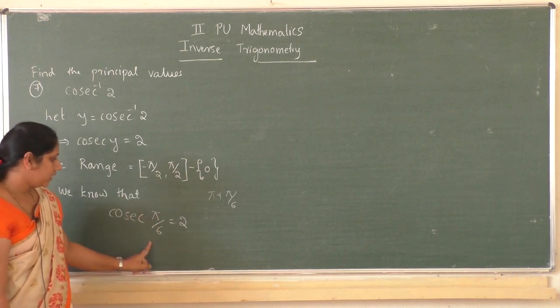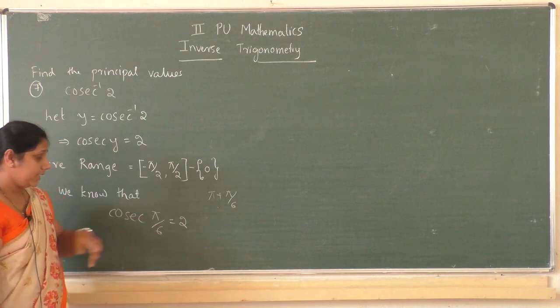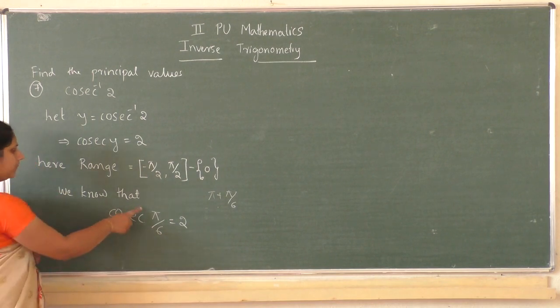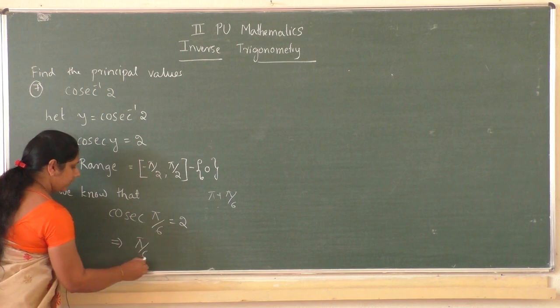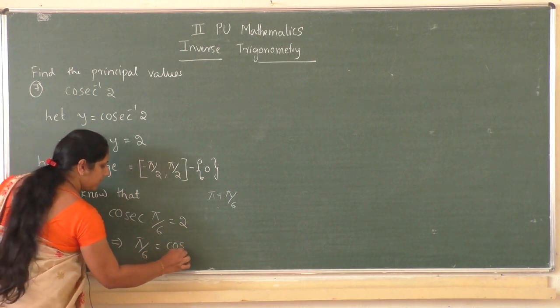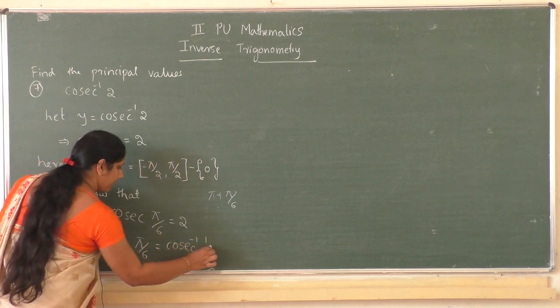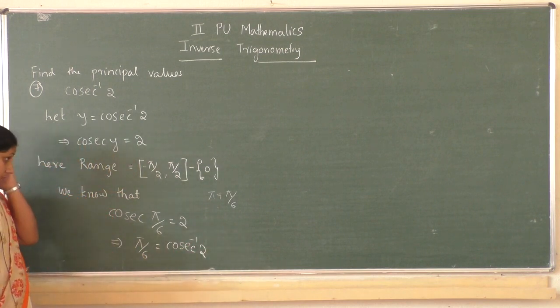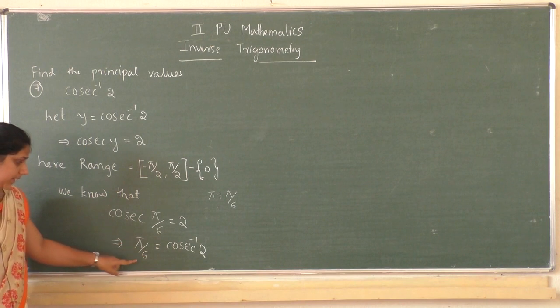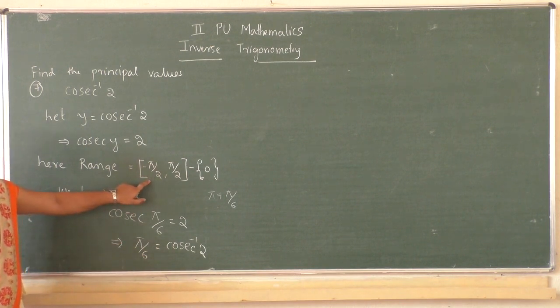So we have to restrict the value to pi by 6. So cosec pi by 6 equal to 2 implies pi by 6 will be equal to cosec inverse 2. Now let us verify, does this pi by 6 value belong to the range?